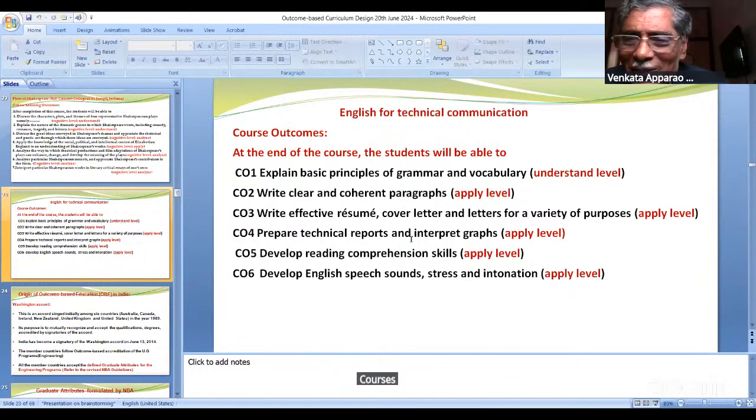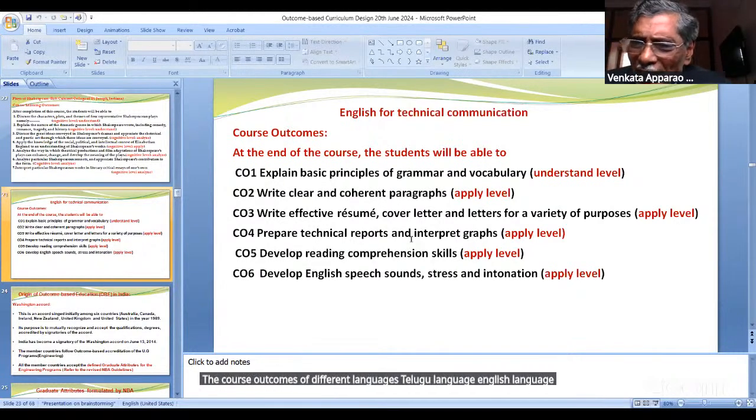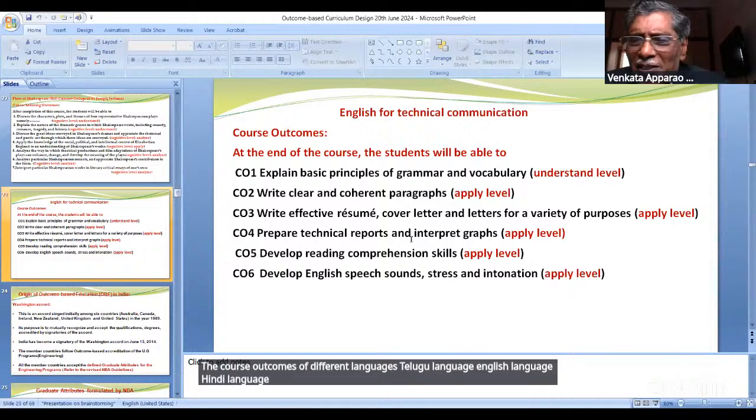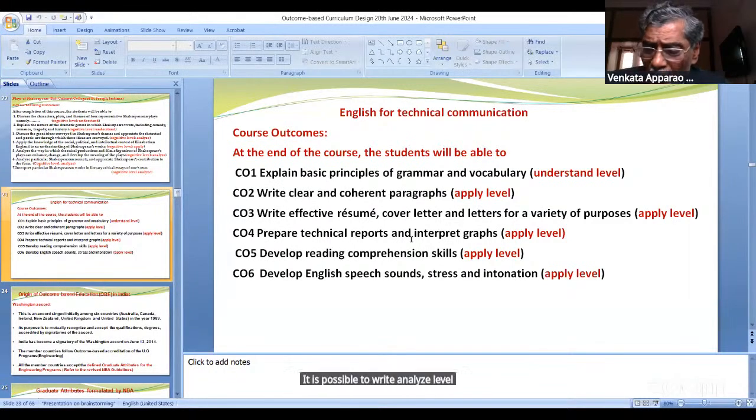It is possible. I was involved in discussing the course outcomes of different languages, Telugu, English, Hindi, when I was the consultant with University of Hyderabad. It is possible to write analyze level course learning outcomes.